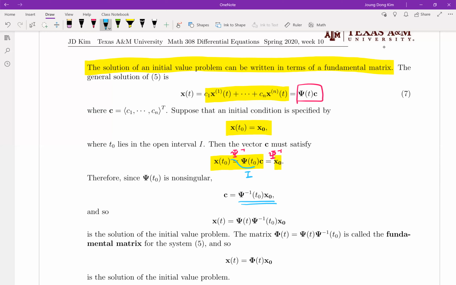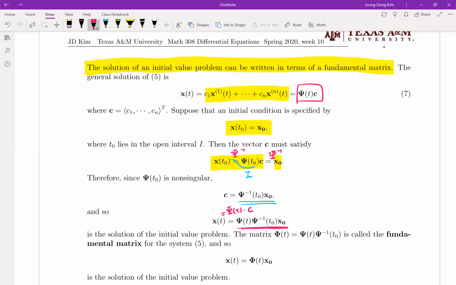Then your x of t can be written as psi t times, well, look at it this way: your x was psi c, and your c will be replaced by psi inverse of t0 times x0. Then you have this.